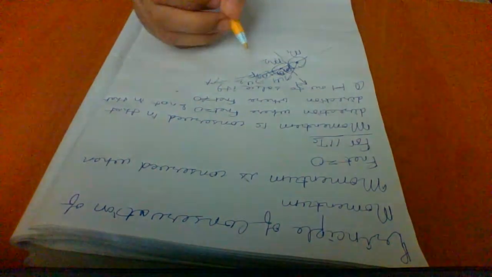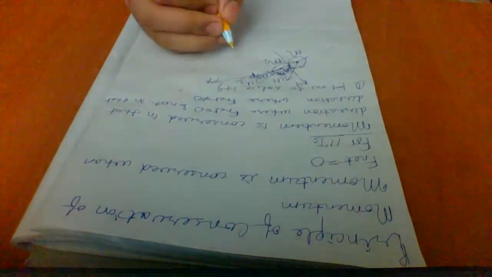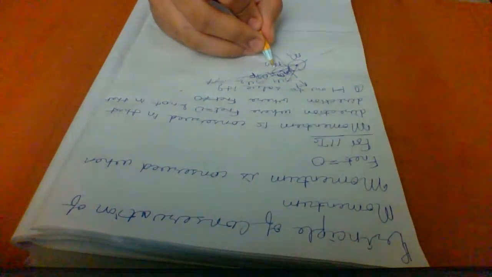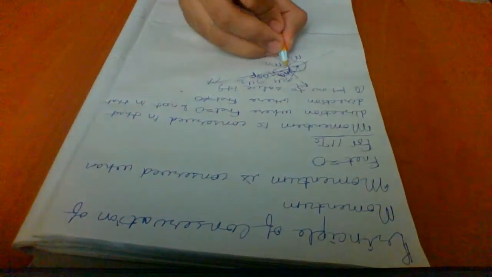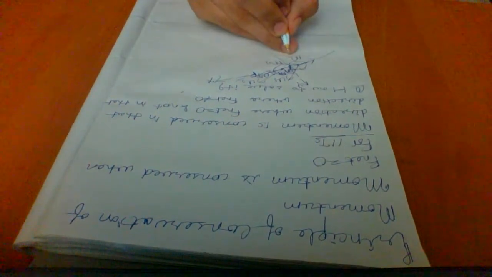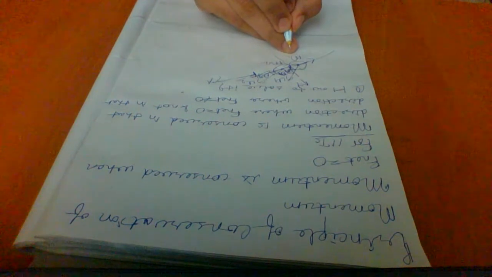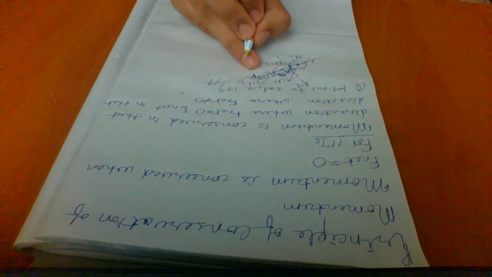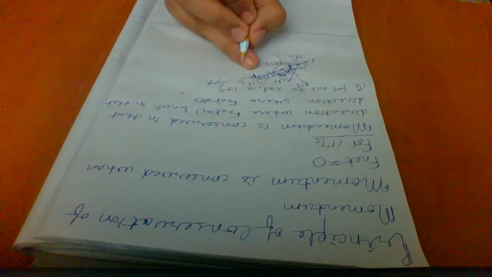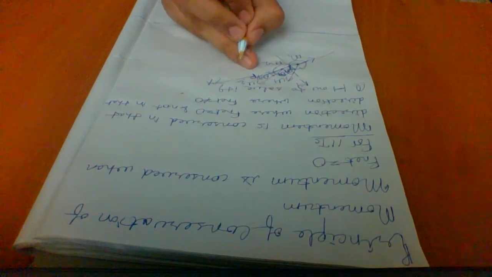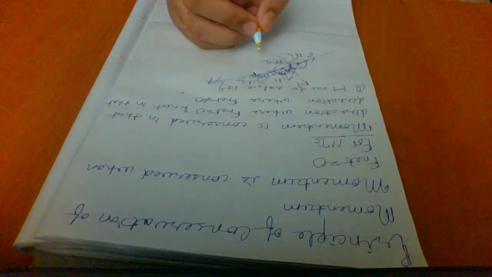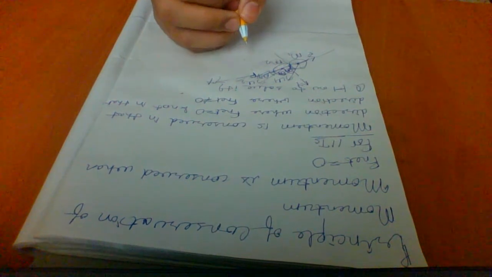According to Newton's third law of motion, ball m1 is exerting some normal force F on ball m2 along the positive x direction, and ball m2 will exert an equal and opposite force F, which will act along the negative x direction.